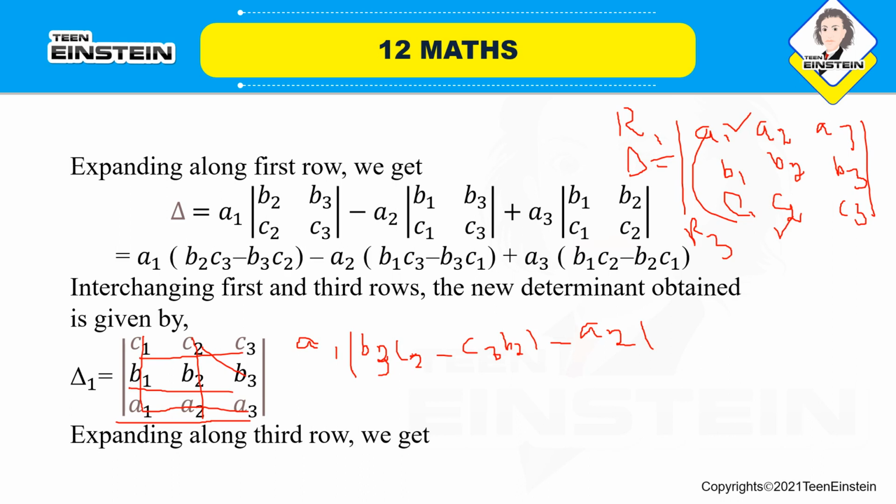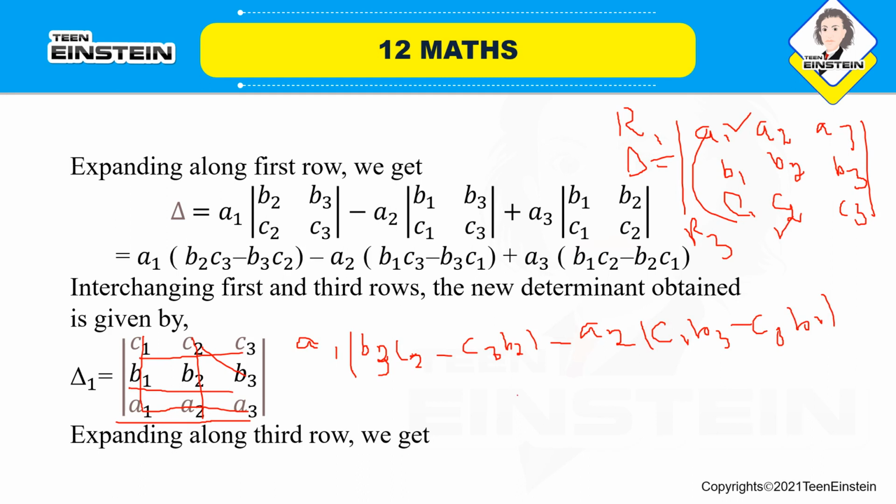So in the downward direction, this is C1, B3, minus C3, B1.